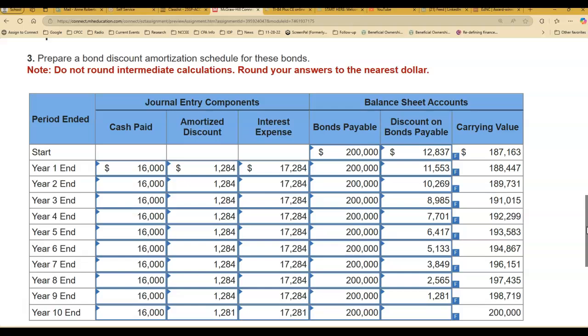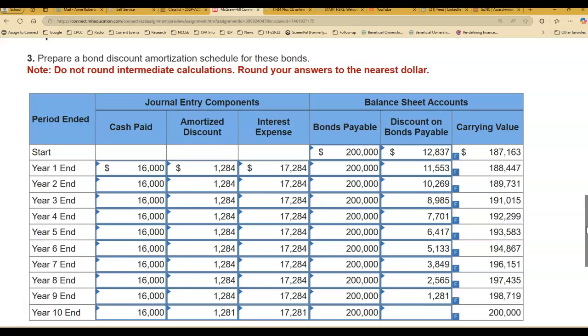So then, right after that last interest payment, there is a 0 sitting there in that discount. But there's 200 sitting in the bond payable, indicating that right after the last interest payment in year 10, we now have to pay off that $200,000. So I wish they would kind of go one line further, but they don't.